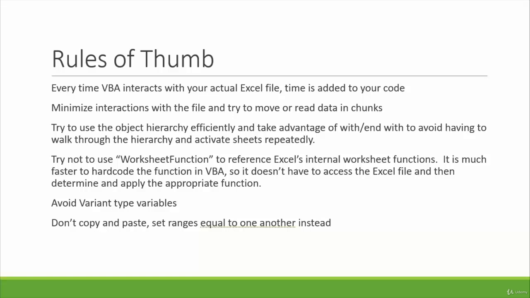So if you're trying to copy a column, for example, you can set column B equal to column A. That way you're not copying and pasting that data, but you can essentially copy and paste by setting each range equal to the copied range. You're just using a range equals a range, which is all executed within VBA and doesn't require any access of the actual copy and paste functionality, so it runs a lot faster.